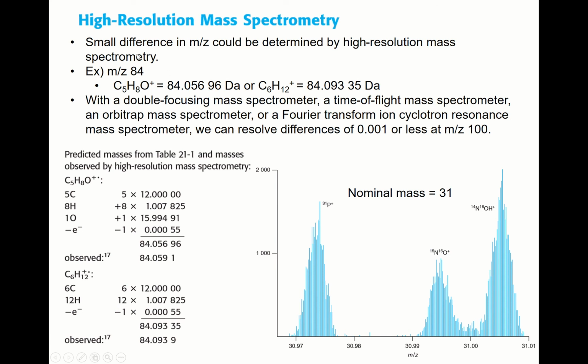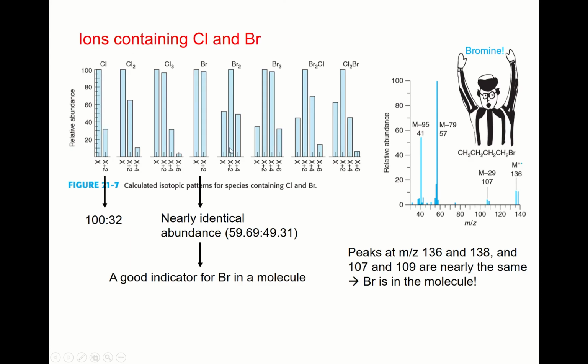Okay, now let's consider high resolution mass spectrometry. But up to this point, we simply considered well separated, well defined masses whose mass numbers are integers: 136, and this is 138.